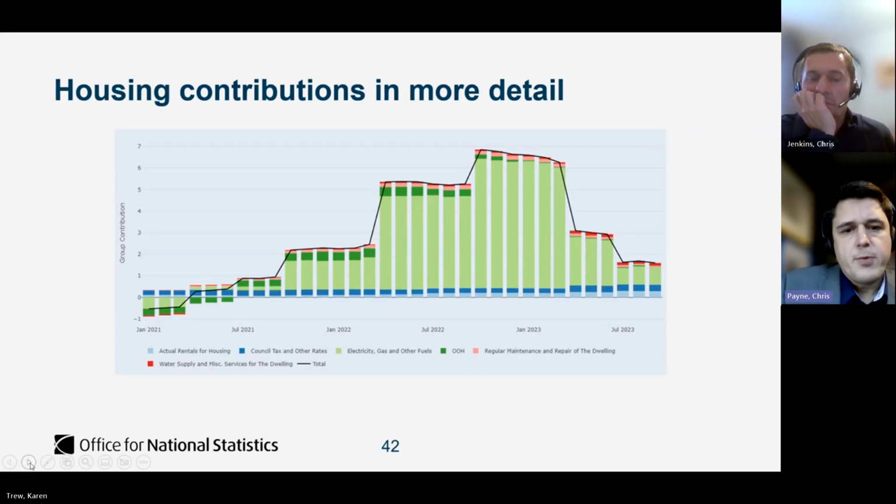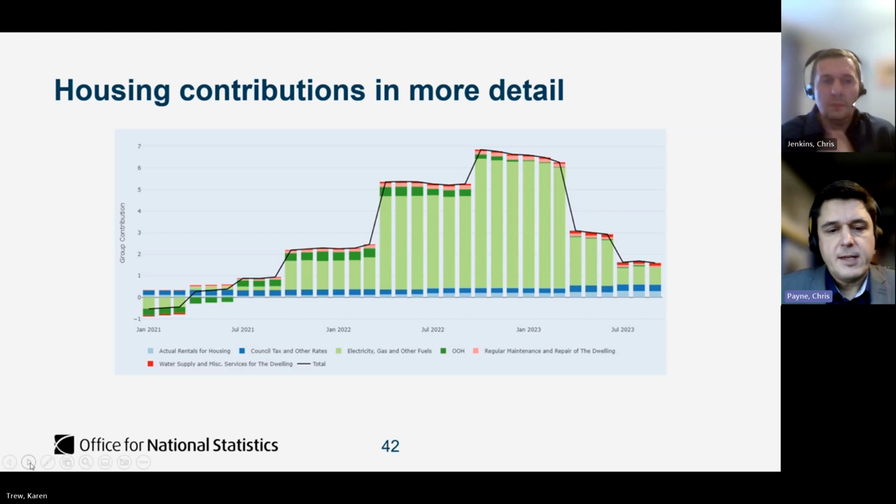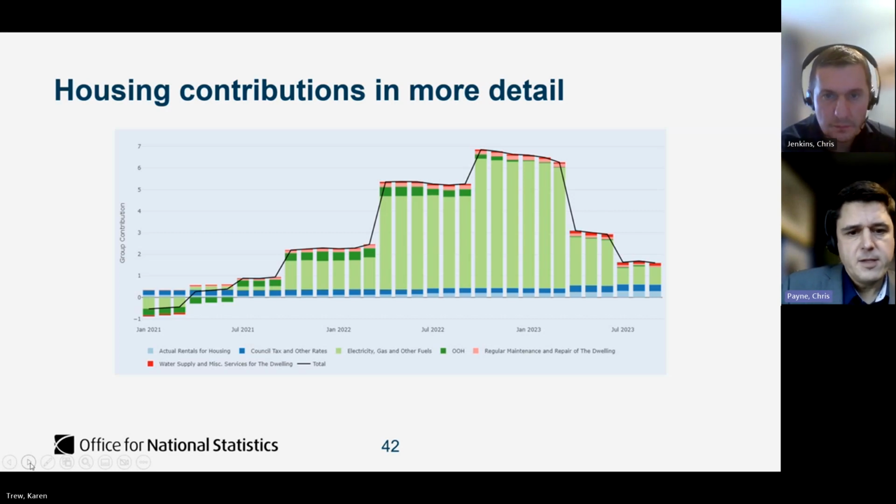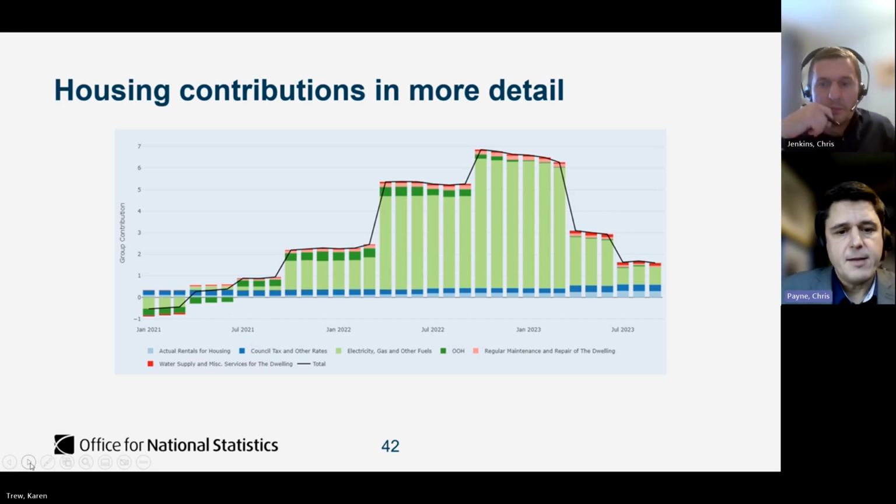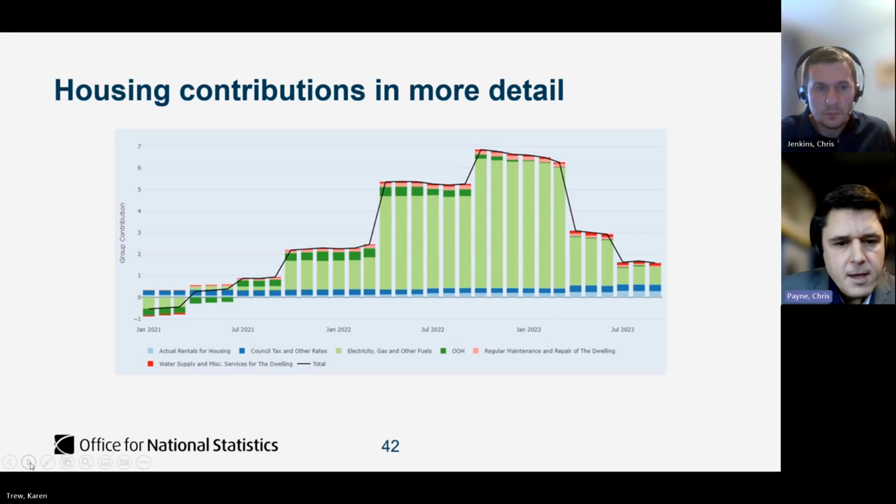So this chart breaks down the contributions to housing in more detail. The chart shows that by far the biggest contribution in this category is coming from energy bills, from electricity, gas and other fuels. And the contribution actually steps up in line with the price cap. So the blocks where it increases show where the energy price cap has changed.